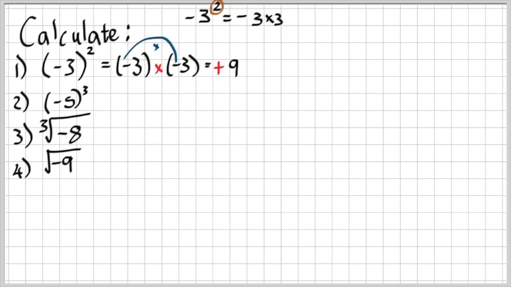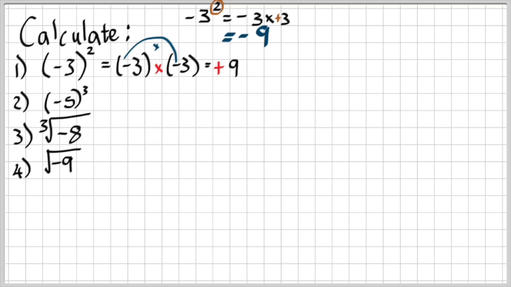So that negative stays in the front. And then it becomes negative 3 times by positive 3. And my answer is negative 9. We love to try and catch you guys out with this, so please don't be caught out.